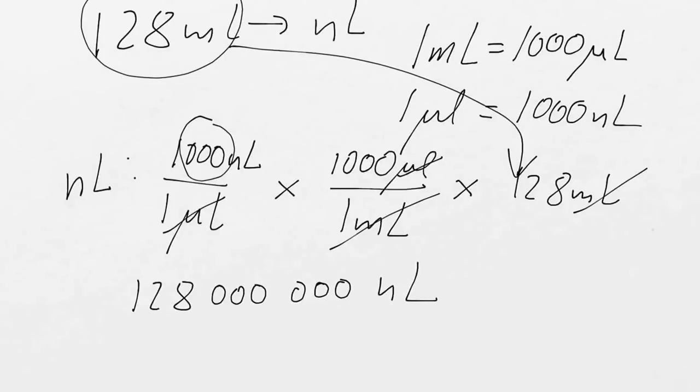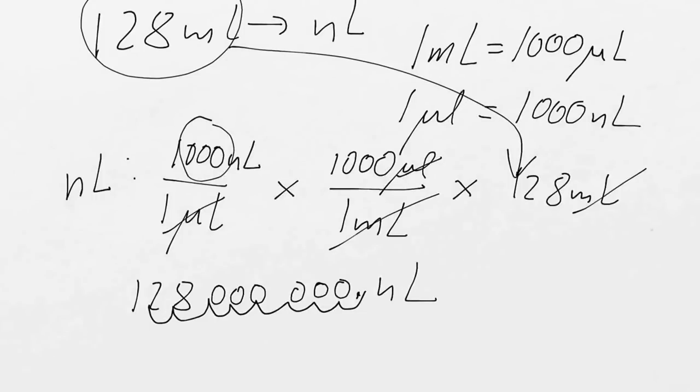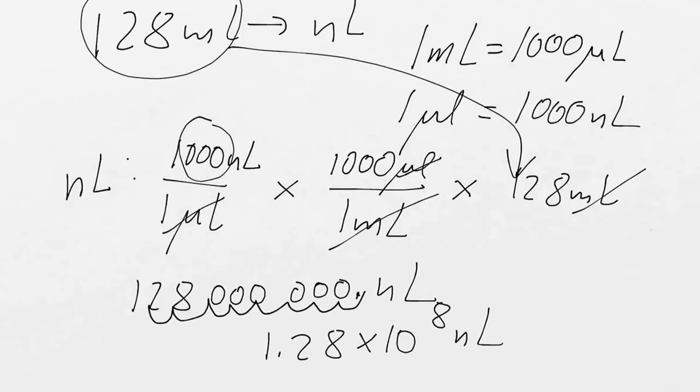Yeah? Does that make sense? And if I want to do it in scientific notation, how often do I have to shift the decimal? 1, 2, 3, 4, 5, 6, 7, 8. So I've got 1.28 times 10 to the power of 8 nanoliters. Does that make sense?